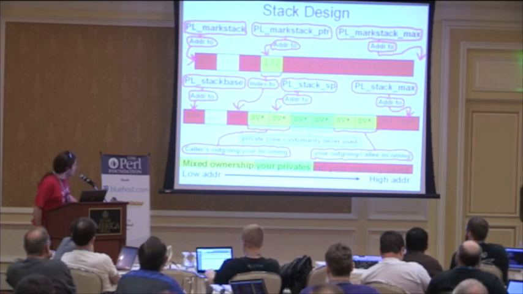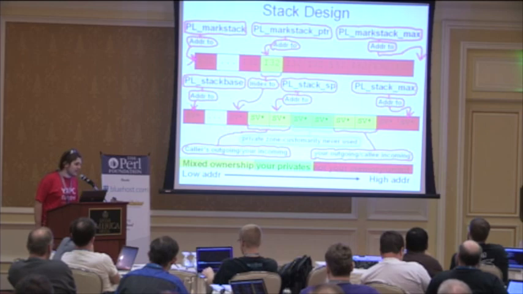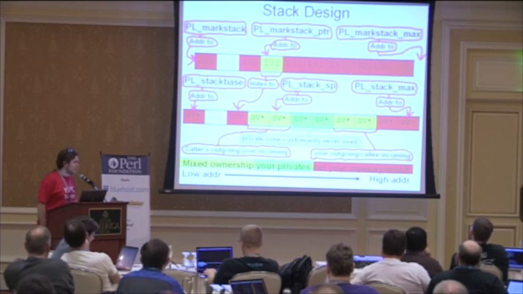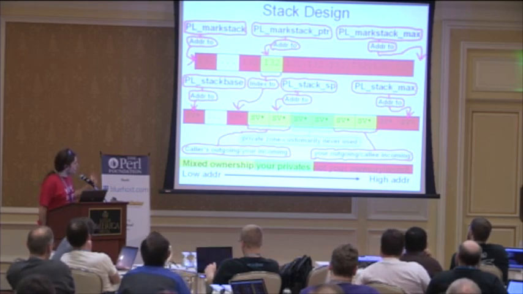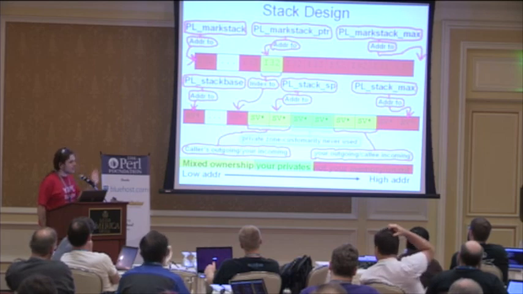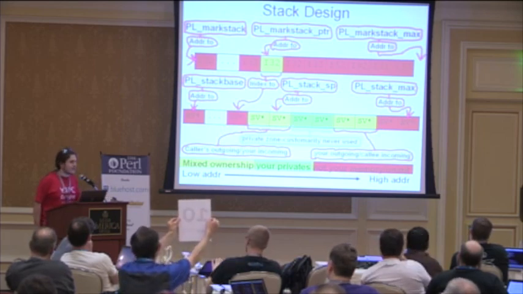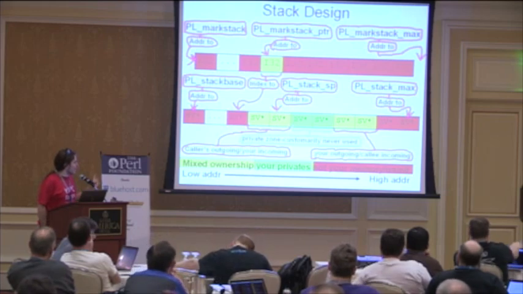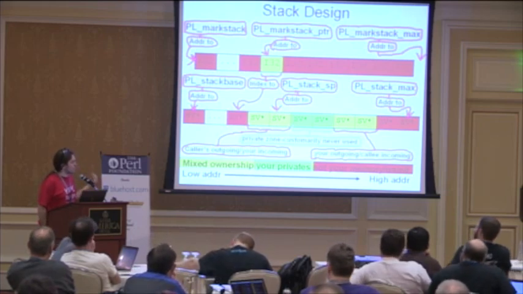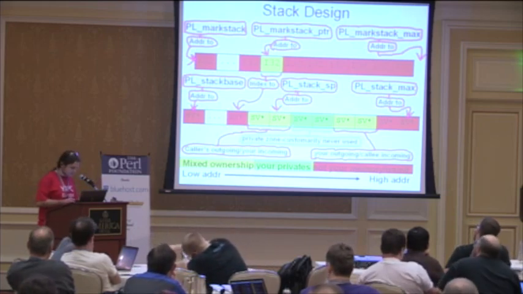In theory, on the Perl stack, you could have a private zone in the middle where you could store additional SVs. Almost no XSUBs do this because they traditionally store SV pointers on the C stack, not on the Perl stack. And if you want, you can call additional subroutines by allocating yet another chunk of Perl stack further down the line. And that becomes the outgoing arguments to your callees.